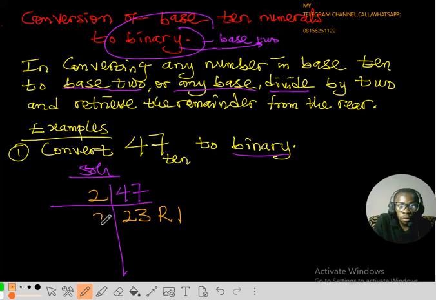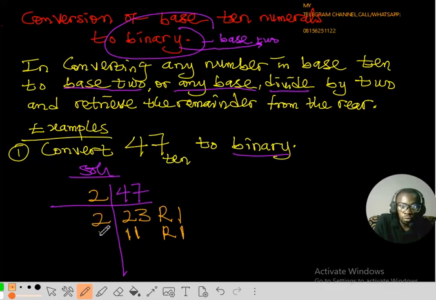Again, you are still dividing by 2 because you are converting the number to binary. So 23 divided by 2: how many times will you get 2 in 2? 1. How many times are we going to have 2 in 3? Also once. But here you are still having remainder 1. 11 times 2 will give you 22, and you have 23 here, so 1 is still remaining.